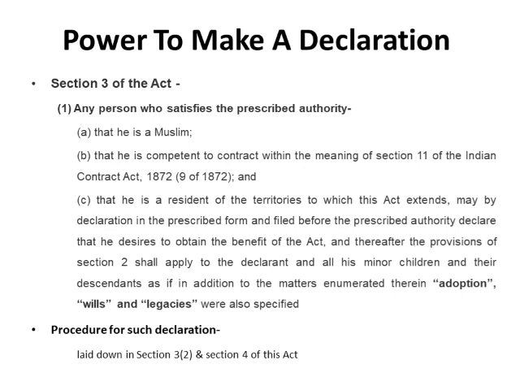But if a Muslim desires to be governed by the Muslim law, those Muslims have to make a declaration in the prescribed form as laid down in section 3 clause 2 and section 4 of the Act, that they want to be governed by the Muslim law, not by the customs or usages or any enactments. So unless the declaration is made as per this section, the courts are not bound to apply Muslim law in these three matters: adoption, wills, and legacies.